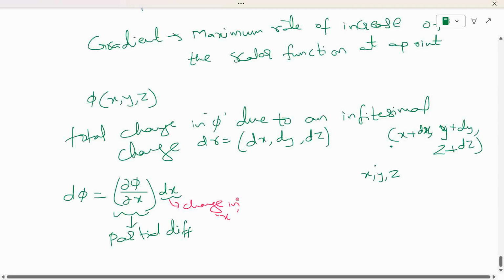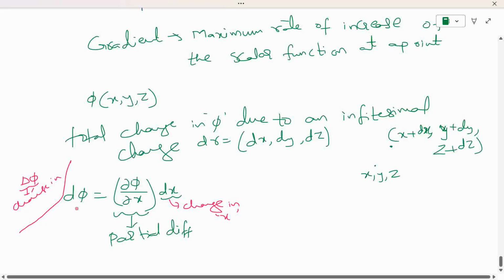Suppose there was 1 unit of change, then we would calculate the change in phi for 1 unit. Then it is not d phi; it can be written as del phi. If it is del phi, for a change of 1 unit in x, and y and z are 0, then you will multiply accordingly. That is a different thing.